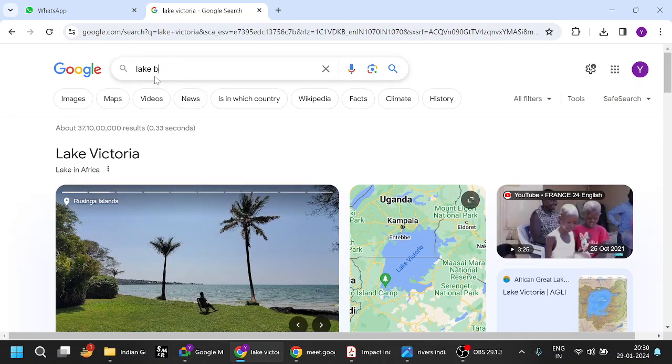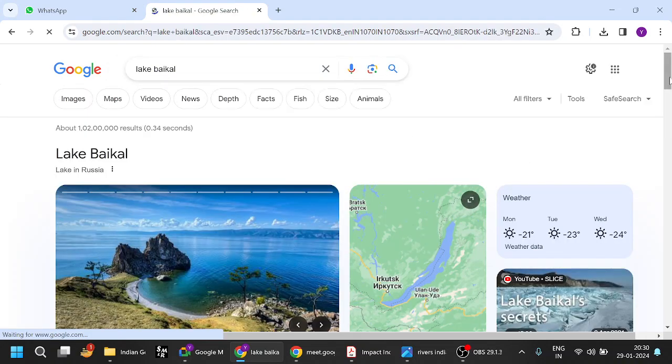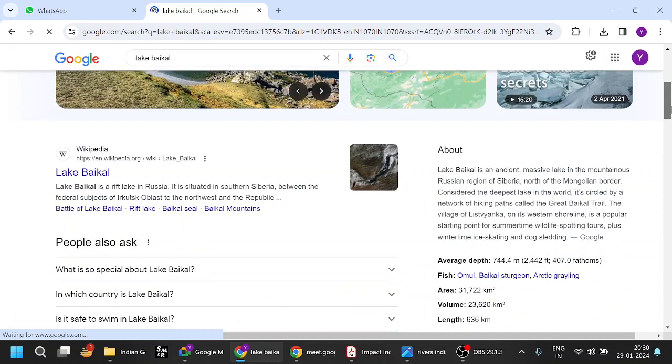Lake Baikal is also frequently asked. Lake Baikal in Russia is, I believe, the deepest lake in the world. So remember these things. Lake Volga is in Russia.